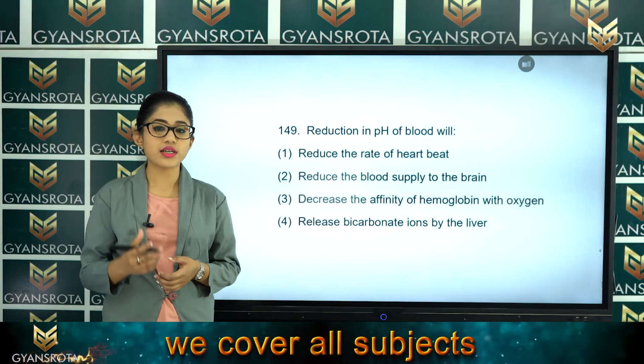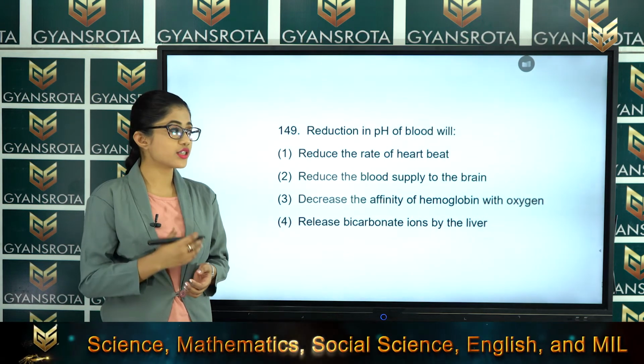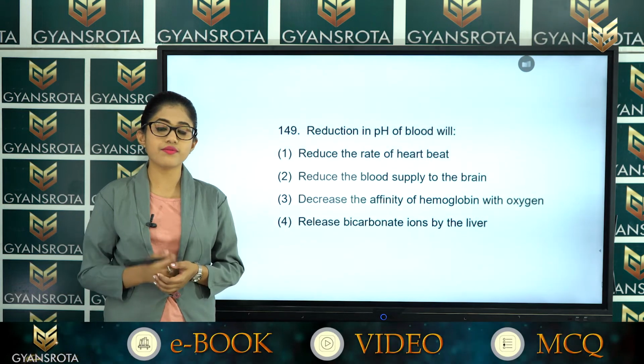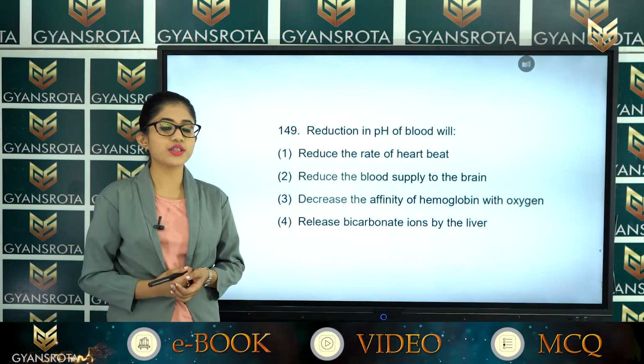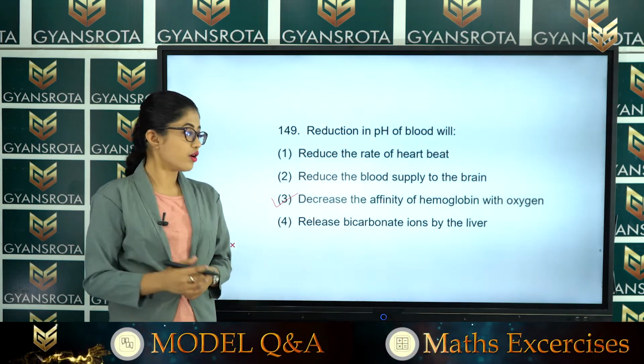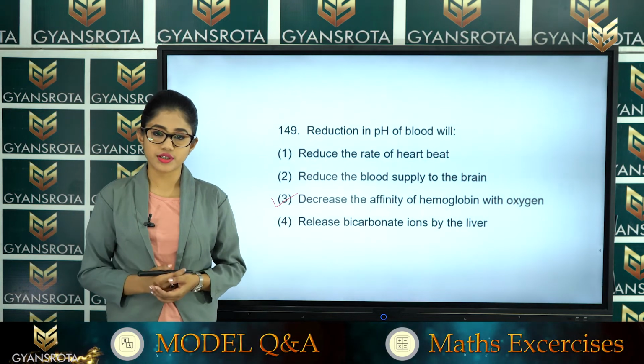So in the chapter Body Fluids and Circulation, we have discussed that reduction in the pH of the blood will decrease the affinity of the hemoglobin with oxygen. So option number 3 is the correct answer. Now let's see the next question.